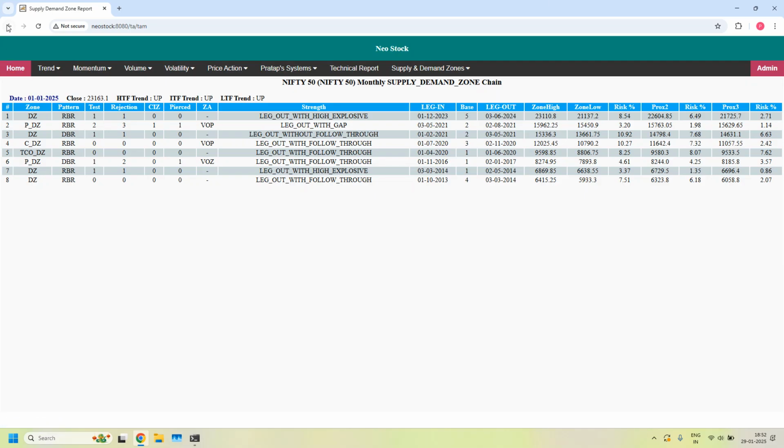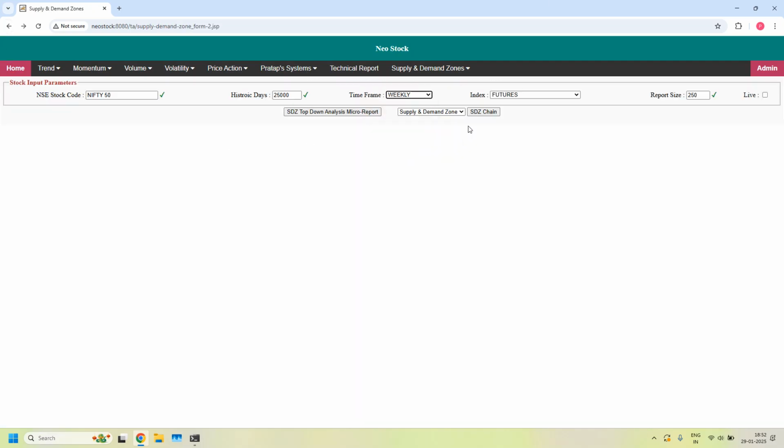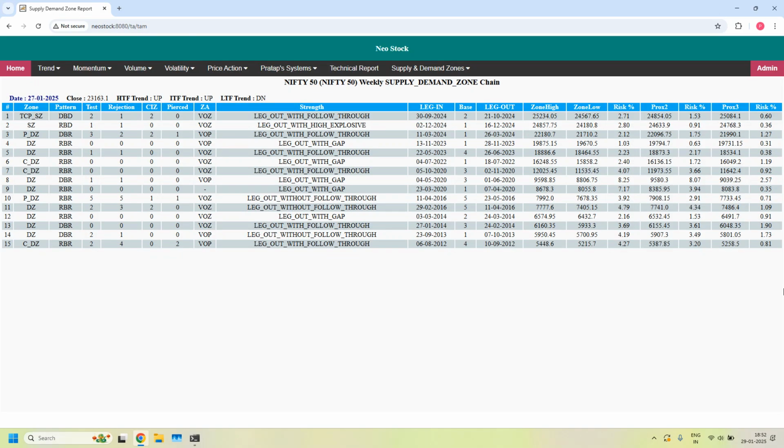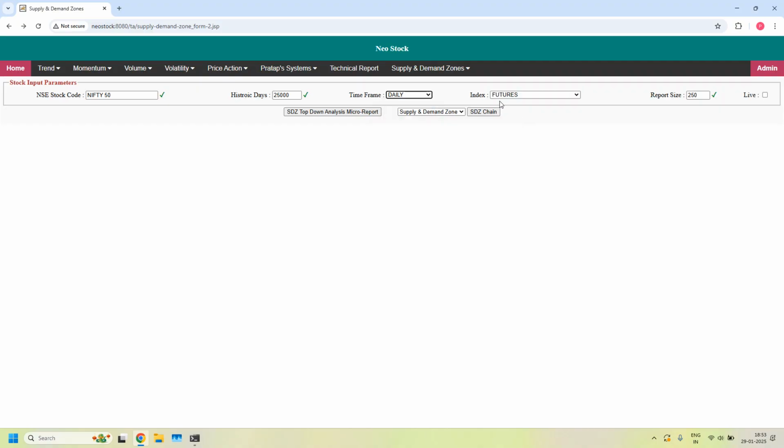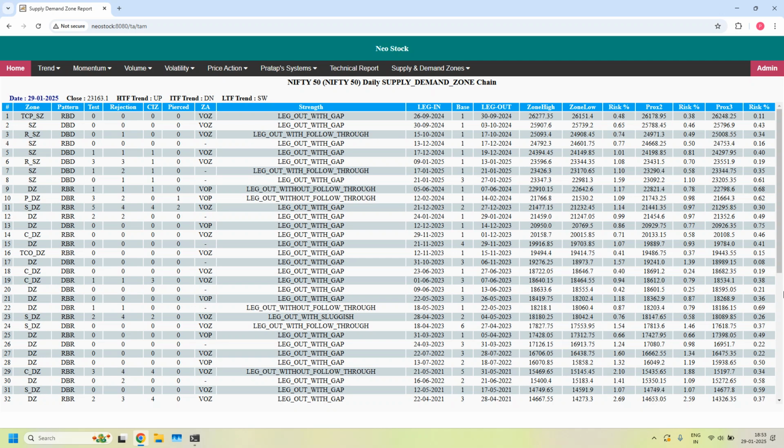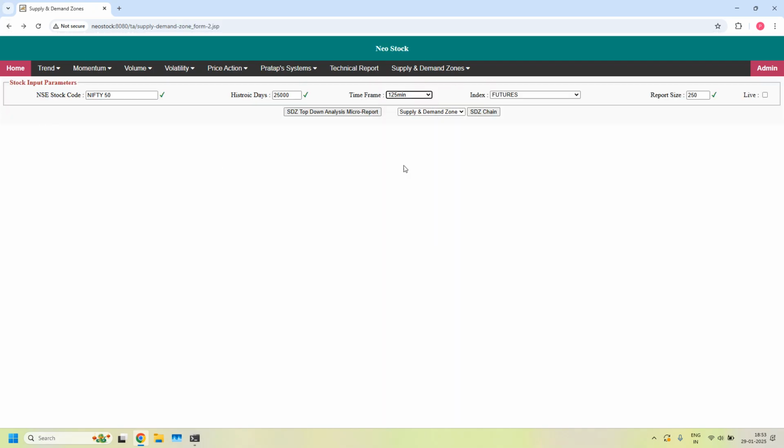Okay, next, weekly supply demand zone chain for Nifty. I'm giving you only a few seconds, so you need to pause and then proceed after study. Okay, next, daily supply demand zone chain for Nifty. Next, 125 minute supply demand zone chain for Nifty.